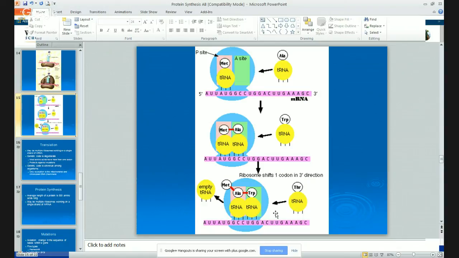And then these chains of amino acids will detach from the ribosome. Once they detach, they'll be able to form that alpha helix or beta pleated sheet. But right now it's technically just the primary structure, which is the sequence of the amino acids.